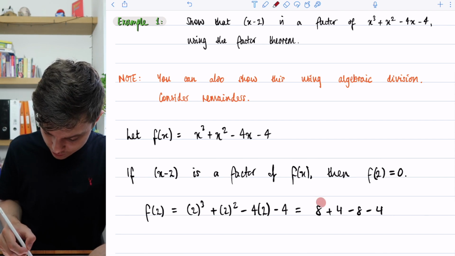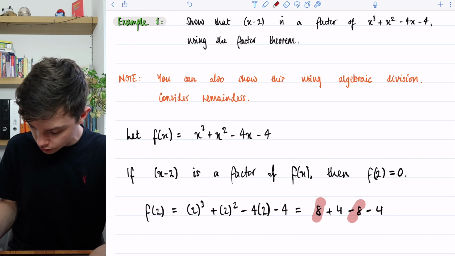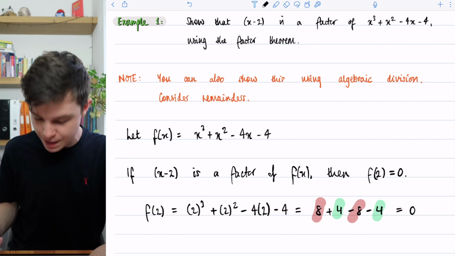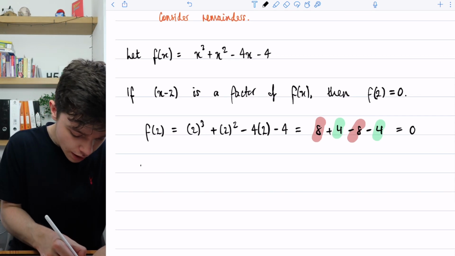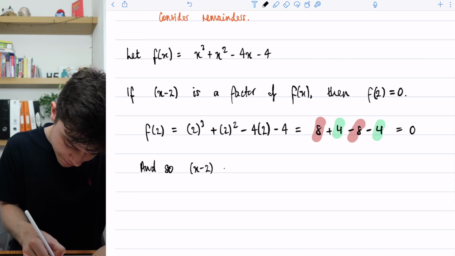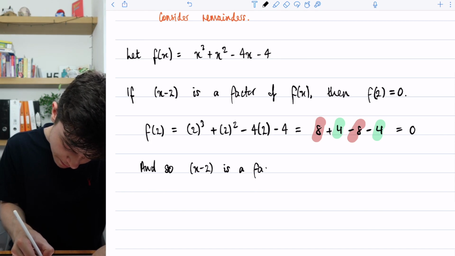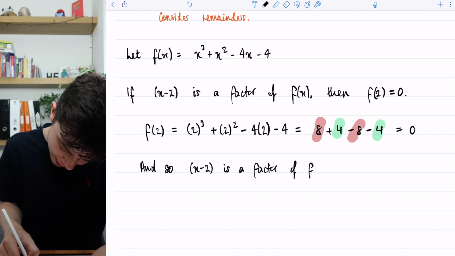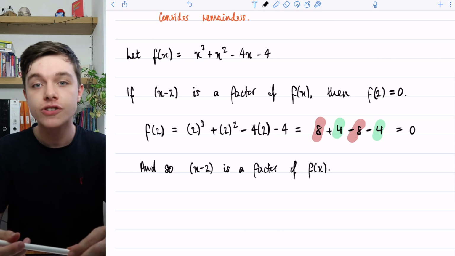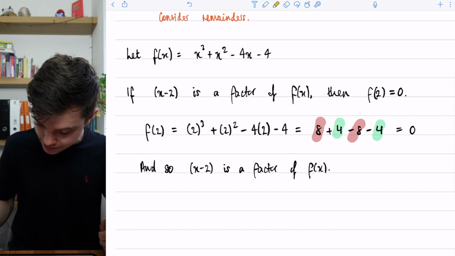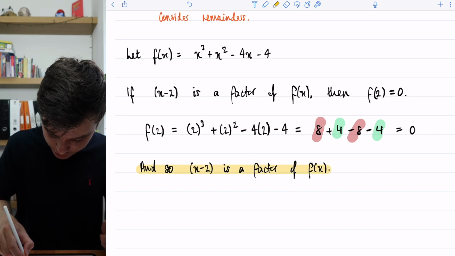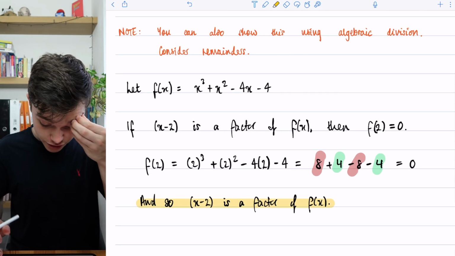We can clearly see that the 8 and the minus 8 will cancel, and we'll do it in green. The 4 and the minus 4 will cancel to give me 0. So we can say, and so x minus 2 is a factor of f of x, because when we substituted 2 into our polynomial, we got 0. So that is our finishing statement at the end. Let's make that a straight line. That's all we have to do there.